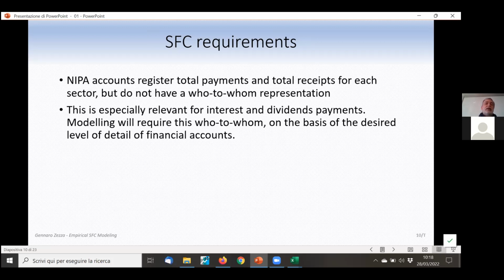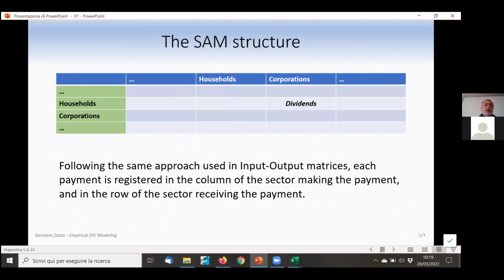If this doesn't work, we can also use some statistical tools. Let me put a table on the screen. Basically, we need to estimate the cells of this table, and we know the column totals and the row totals. So there is a procedure called RAS, which has been developed in the input-output literature.